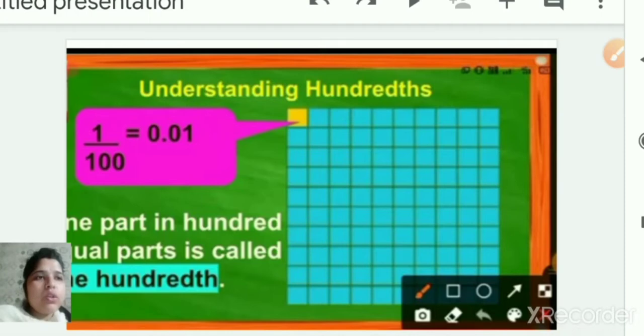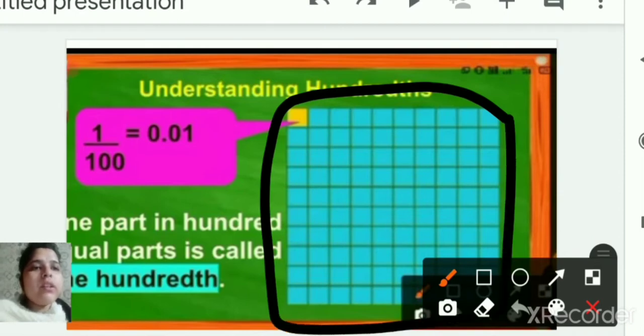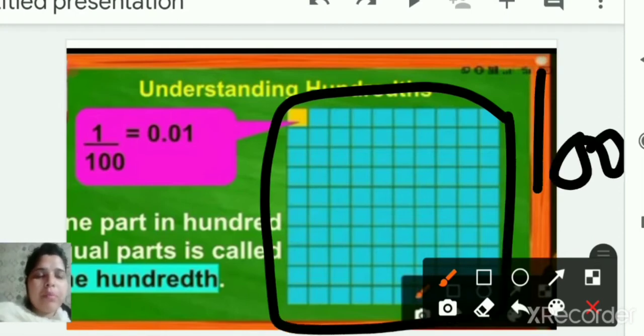It means total is given. How many square boxes are these? These are 100 square boxes, right? Yes. Out of that, how many are covered? One is colored with yellow, right? One square box is colored and the rest are empty, right?